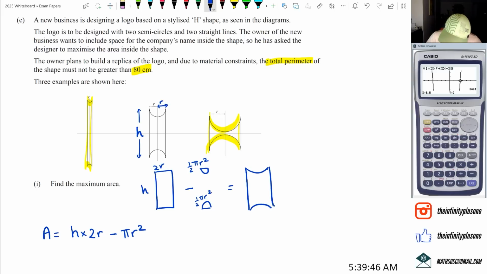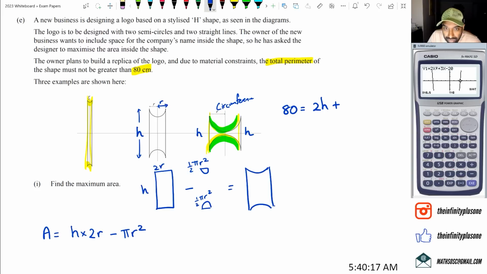If you look at it, I've got h, and I've got the circumference of a circle, because I've got half a circle for circumference here, and the other half is there. So basically, the yellow border is equal to 80. So I could say 80 is equal to 2 times height plus the circumference.